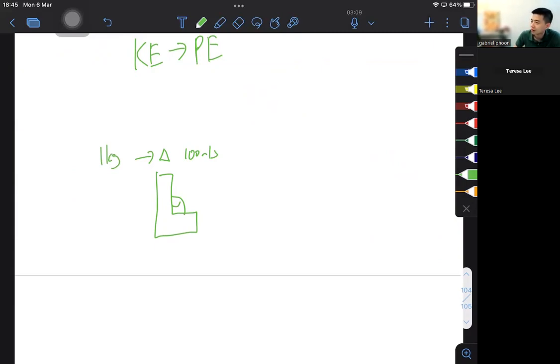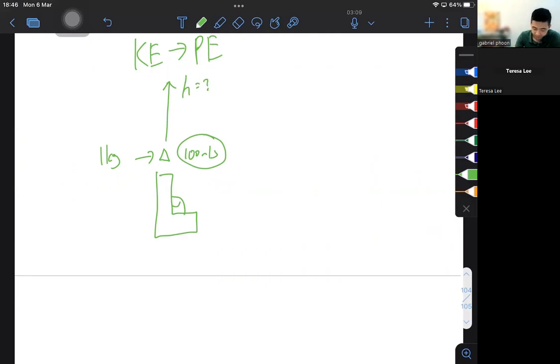If this bullet has an initial speed of 100 meters per second and it is 1 kg, how high will this bullet fly? What do I do?